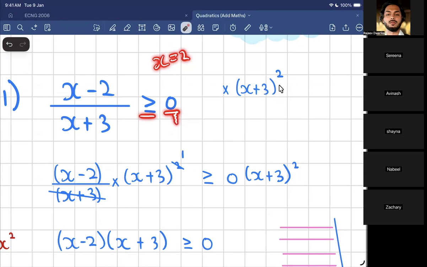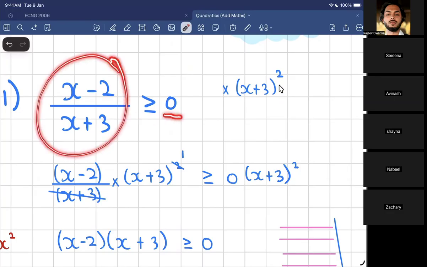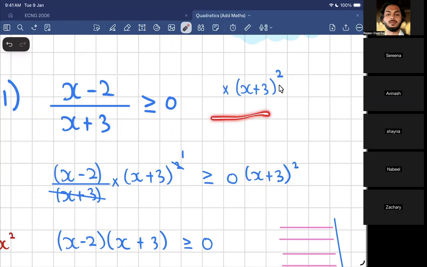Because, guys, we want to figure out where x would give us something more than or equal to 0. So when you look at this function, if I had, say, something over 5, what would I have to put on top to give me 0?